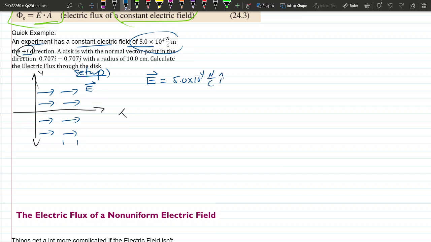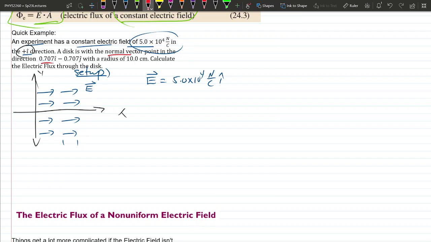And we have some disk where the normal vector is pointed in this weird direction. It's pointed in the positive i hat direction, but negative in the j hat direction. So pretend there's a little CD. You guys don't even know what a CD is. A DVD, maybe a DVD disc, that's pointed this way, so that's kind of like where my hand is pointed.